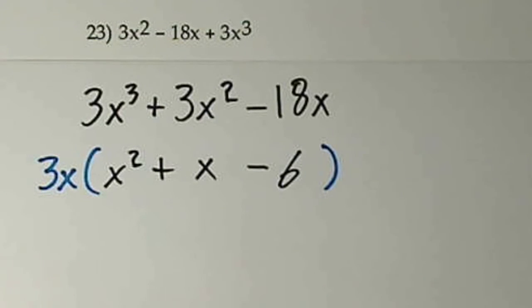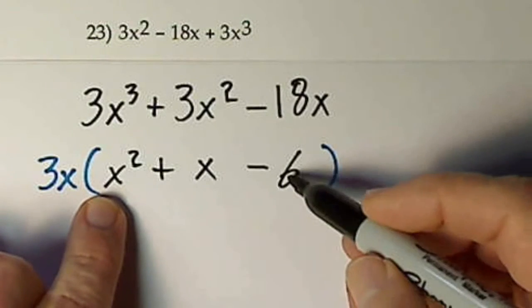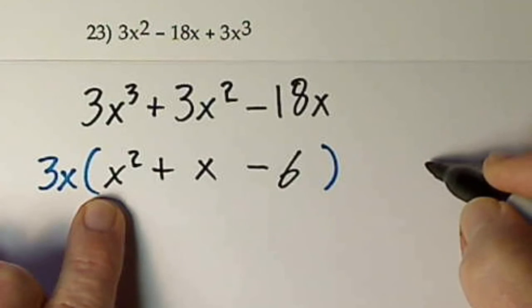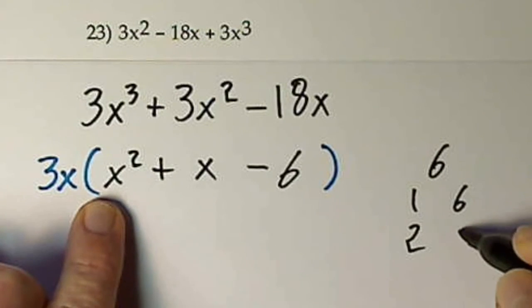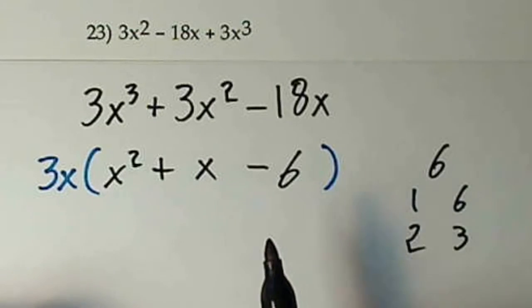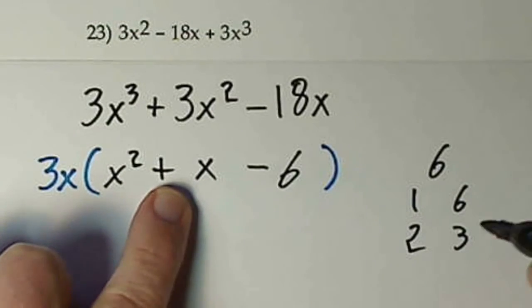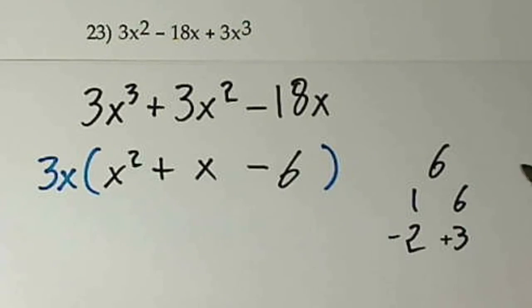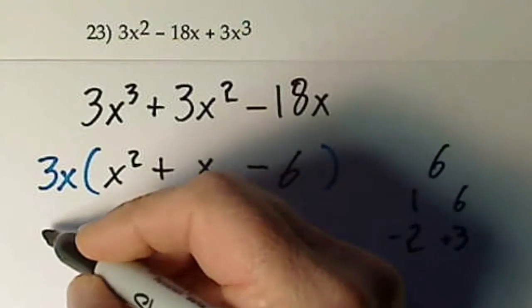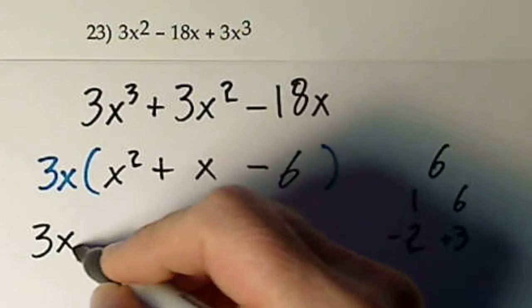Okay? And now there's nothing in front of x squared. You grab the last term, list all the factors, 1 and 6, 2 and 3. I'm looking for a difference of positive 1, so it must be positive 3, negative 2. So the final factored form is going to be 3x.